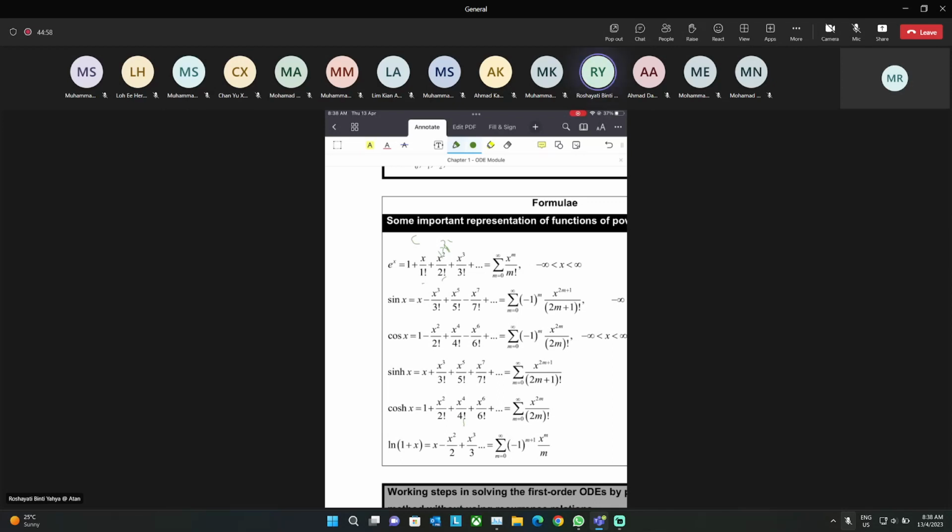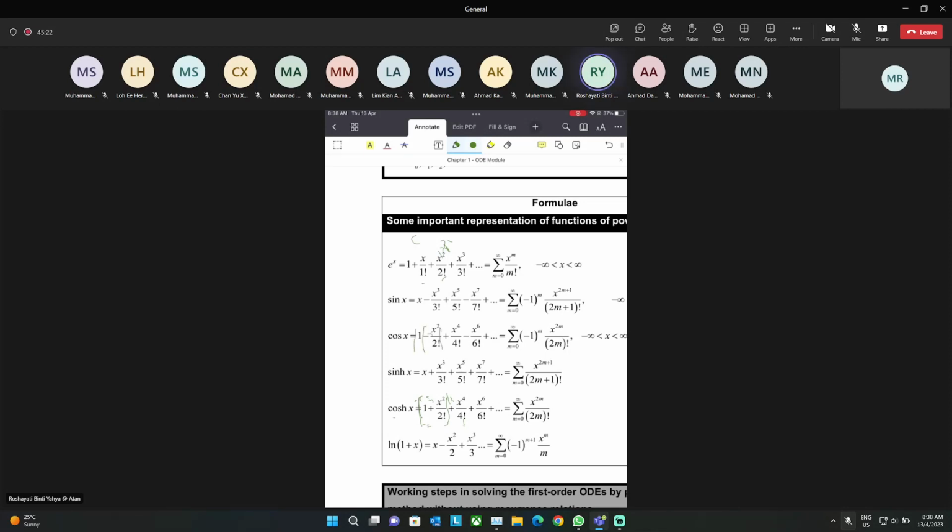For example, for cosh. So for cosh, it has a power of, for example, you stop at 3. So maybe you just have this part. But for this part, it might be cos x.